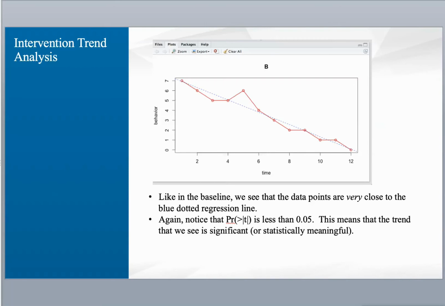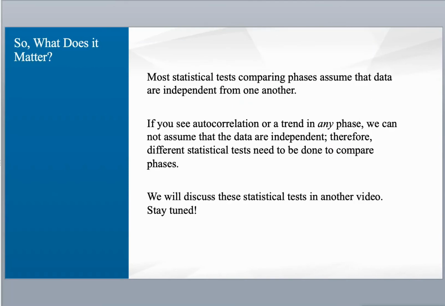So basically, why does it all matter? Well, statistical tests comparing phases assume that data are independent from one another. If you see autocorrelation or a trend in any phase, you can't assume that the data are independent. Therefore, different statistical tests are needed to compare phases if there is autocorrelation.